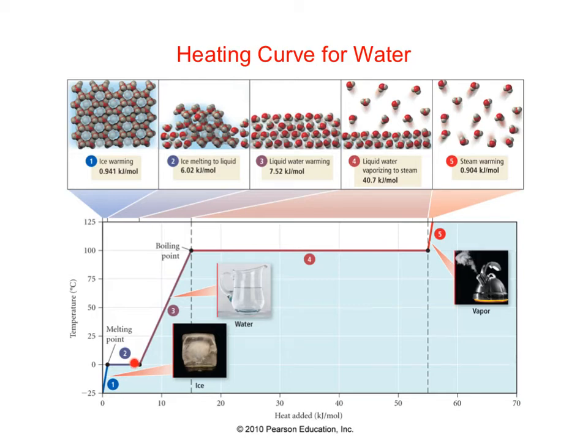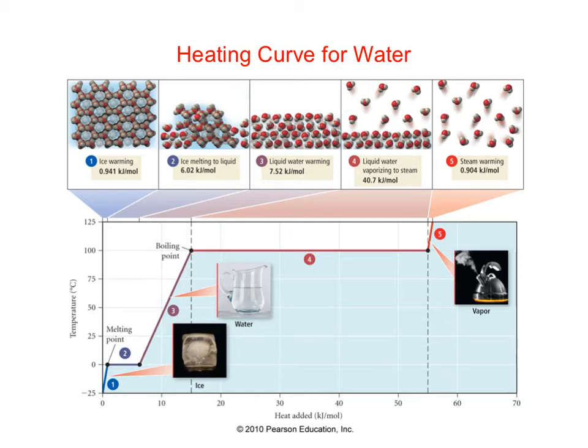At that point, I now have liquid water at 0 degrees Celsius, and when I continue to add heat to that, the temperature will go up until I get to the boiling point. Once I get to the boiling point, the temperature again won't change because now all the heat that I'm putting in is going into vaporizing the water. This should be familiar to you if you do any cooking.